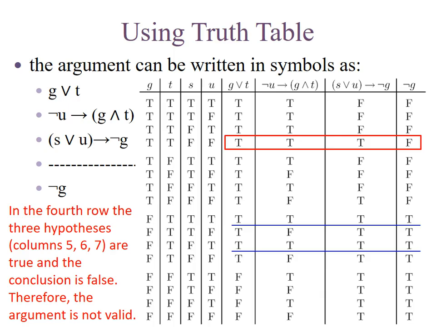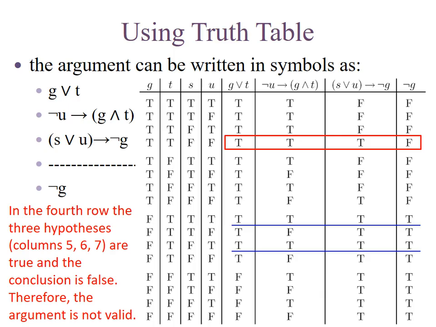You can see for the other two, the conclusion is true, but this one is false. So we can use the truth table to verify if the argument satisfies the definition of a valid argument. Based on the observation of this truth table, the given premises and conclusion is not a valid argument.